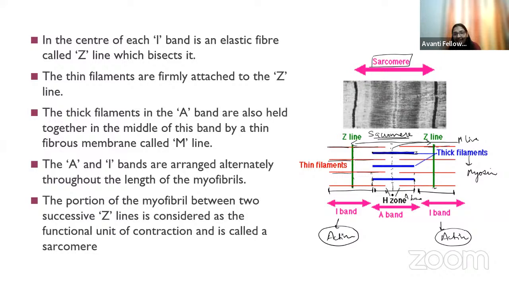There's a portion where only the myosin filament is present and the actin filament is not. This portion is known as the H zone, or the Hensen zone, because here only the thick filament or the myosin filament is present and the thin filaments are not.